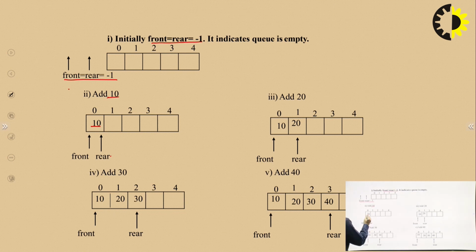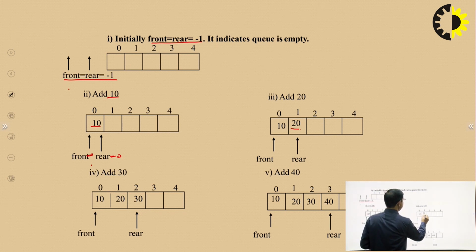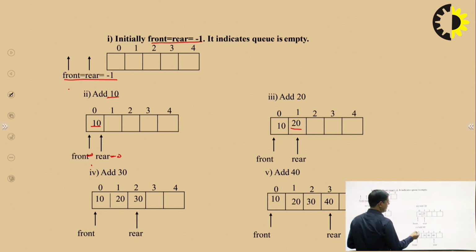Then front and rear will be 0 and 0. For example, we are trying to add a new value, that is 20. In that case 20 is added here and rear will be updated. That means rear equal to 1 and front equal to 0.